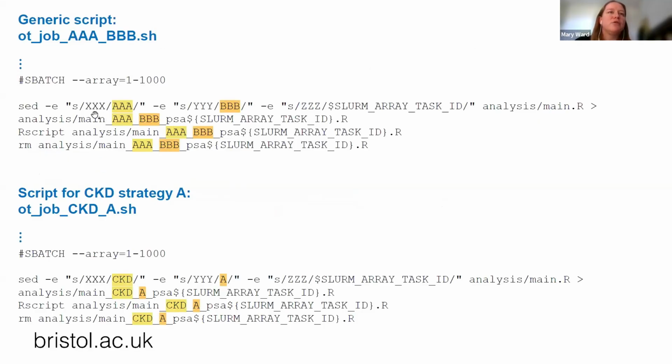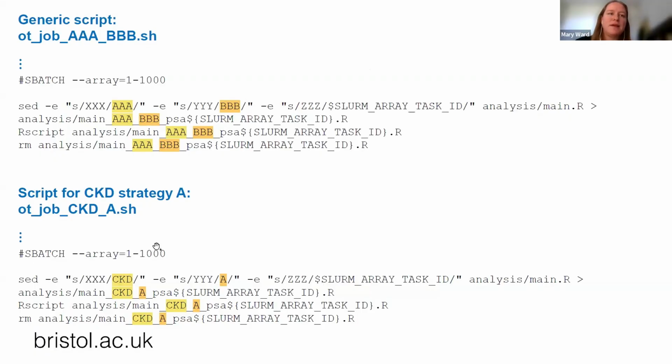So where before we had something saying change XXX to AAA, we now have it changing XXX to CKD, using the right testing strategy as well. We've also got this slurm array task ID, which when we run the job, the HPC will fill in with numbers 1 to 1,000.